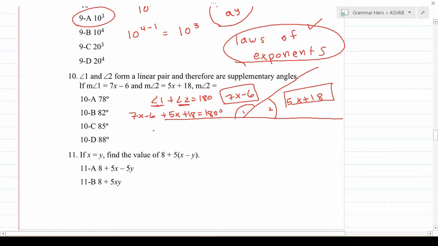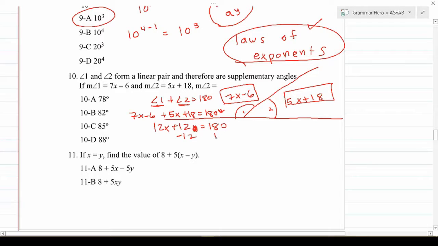Let's combine some like terms before we do anything else, and I'm just going to drop off that degrees there. 7x plus 5x is 12x. 18 minus 6 is going to be 12. And of course, it equals 180. Not x, just 12. There's no x associated with the 6 or the 18. So 12x plus 12 equals 180.